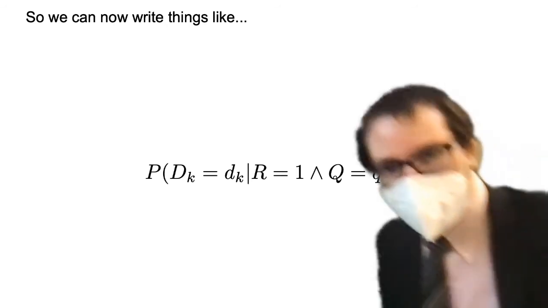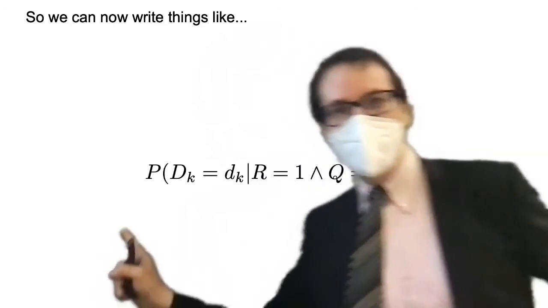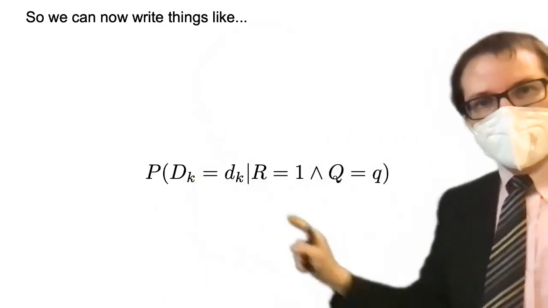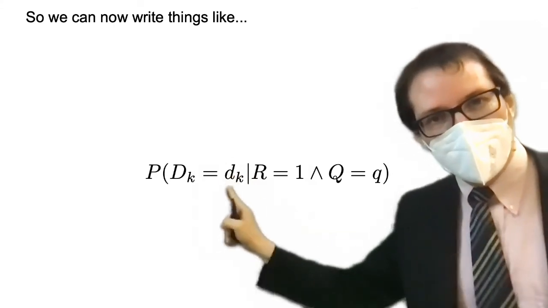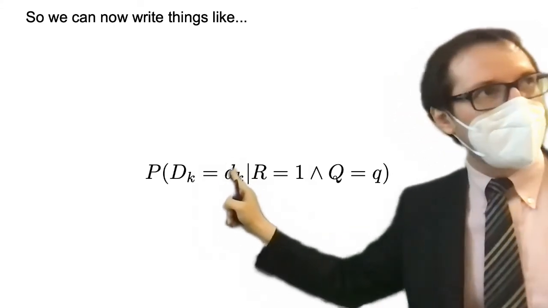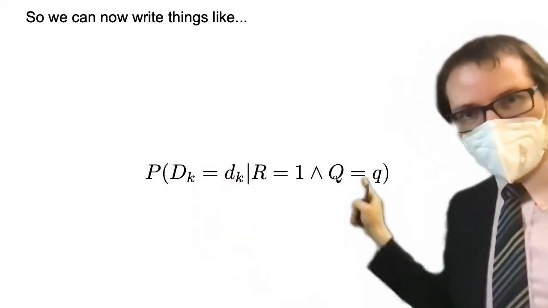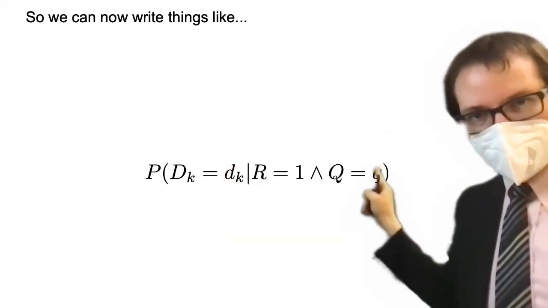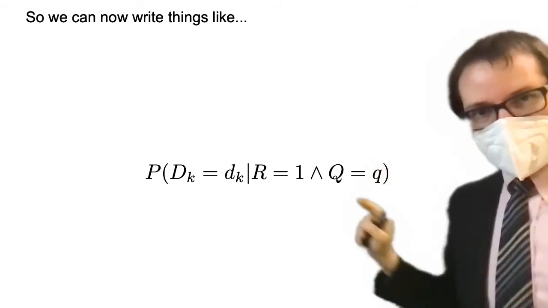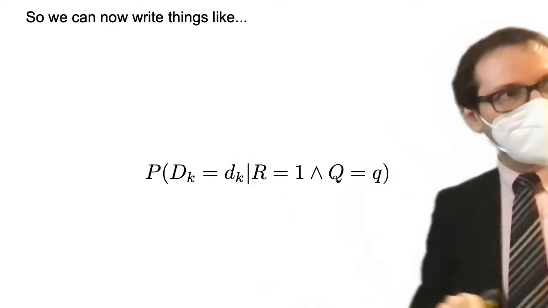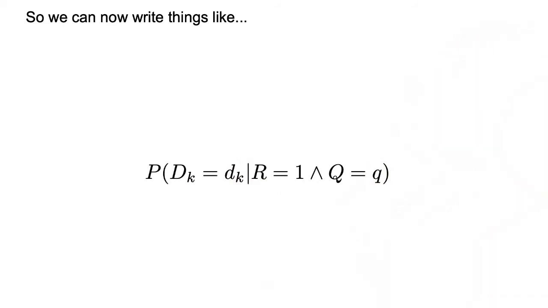On Zoom, maybe? The chat. Can anybody tell me in English what this is the probability of? Imagine I give you a specific Boolean. I call it dk. So this is a mathematical variable, right? So this is either 1 or 0. And q is a query. So that's a vector of Booleans, small q. So how do you interpret that? Given a value for dk and a value for small q. Yes?